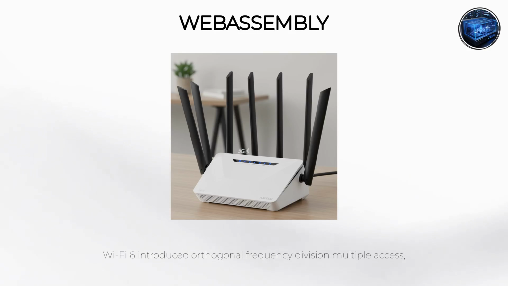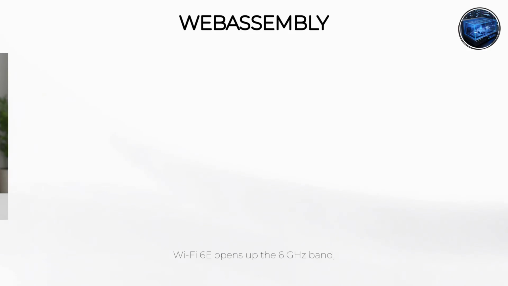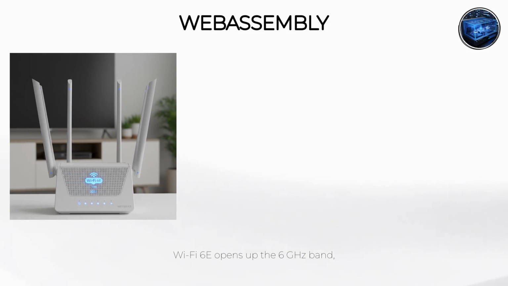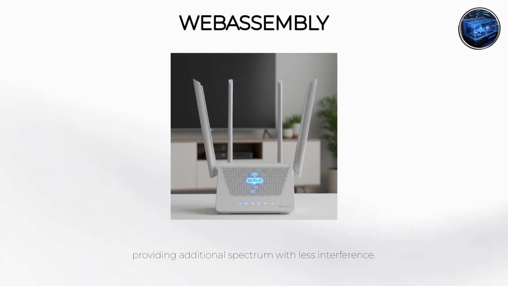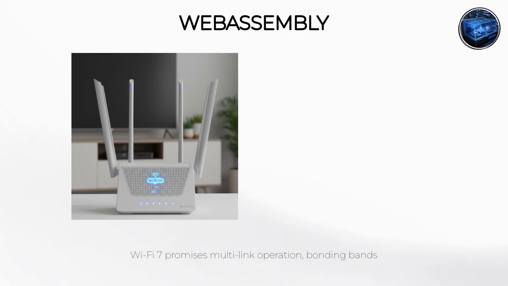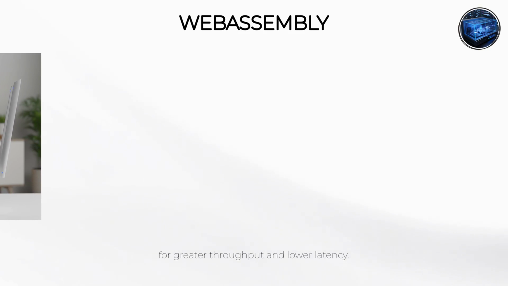Wi-Fi 6 introduced orthogonal frequency division multiple access, allowing the router to slice a channel into smaller subchannels so multiple low-rate devices can communicate simultaneously. Wi-Fi 6E opens up the 6 GHz band, providing additional spectrum with less interference. Wi-Fi 7 promises multi-link operation, bonding bands for greater throughput and lower latency.